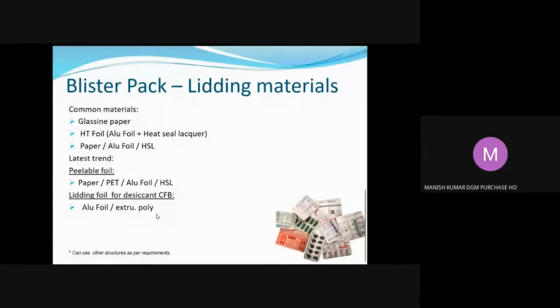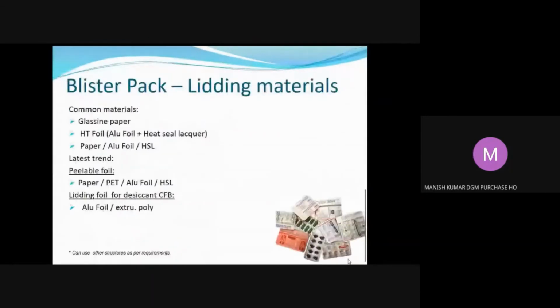So I will request all the students to just note it down and check why a blister foil is different than the strip foil or soft tempered foil. Strip foil is also called soft tempered foil. So you just check the manufacturing process of soft tempered foil and the blister foil. That will help you.